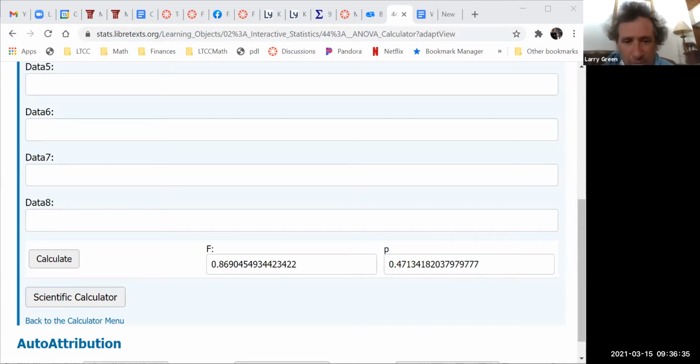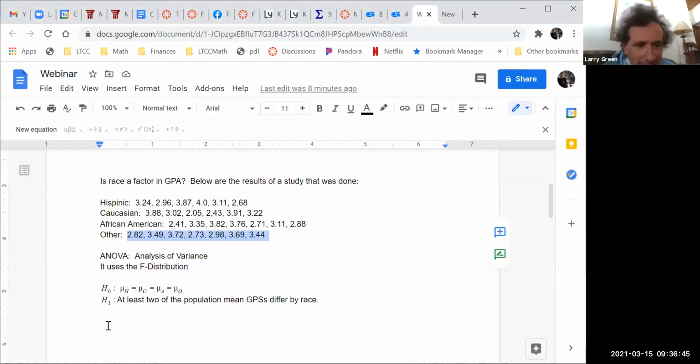But what we can do is at least copy and paste. How about these 3 digits? And write down the test statistic.